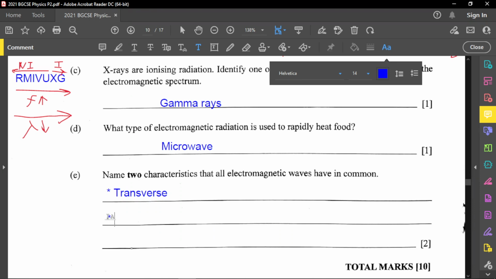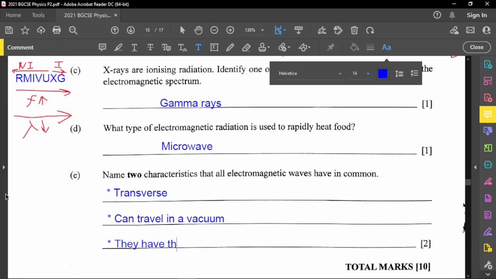All right, just quickly run through the others. The next one you could put is that they can travel in a vacuum. Another one you can put is that they have the same speed as light.